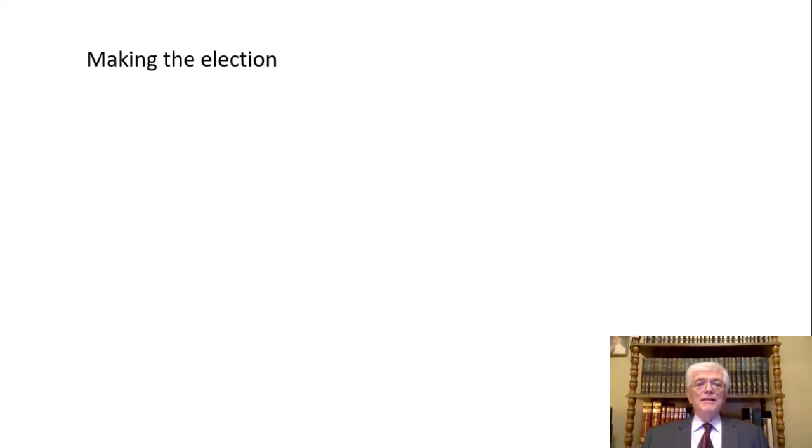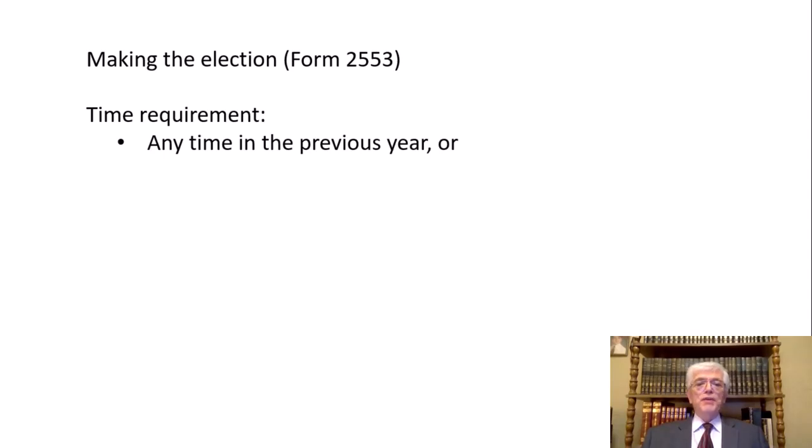Once you're qualified, then the question is, do you want this corporation to be an S corporation? If so, you can make the election. File Form 2553, that's how you make the election. Time requirement: you can do it any time in the previous year. So if you want to turn your corporation into an S corporation starting January 1, 2026, you can do it any time in 2025.